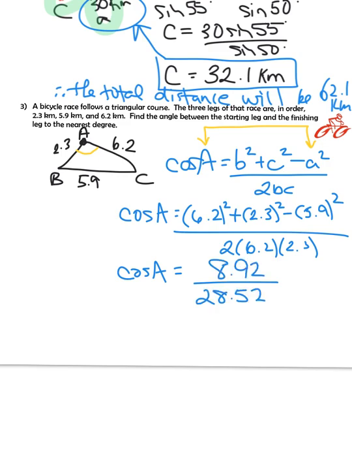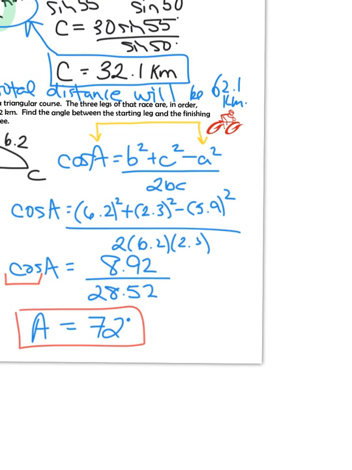Okay, so that's what I have there, 8.92 divided by 28.52, and then we'll go second cos, and I end up with angle A of 71.8, we'll round up to 72 degrees. Make sure you're hitting second cos because we need to get rid of that cos to find that angle. And of course we need a therefore statement. I'll squeeze it in here. Therefore the angle is 72 degrees.